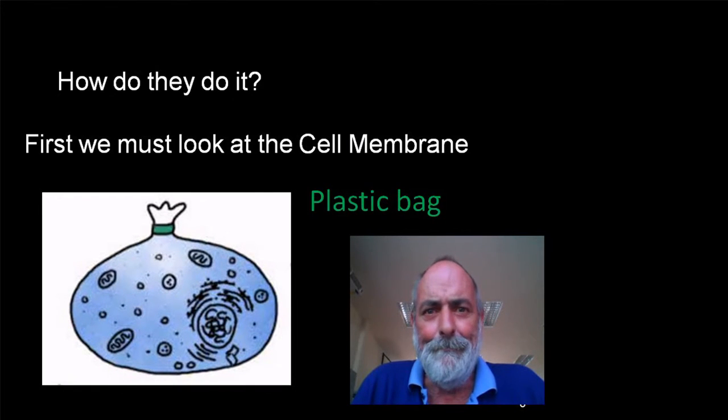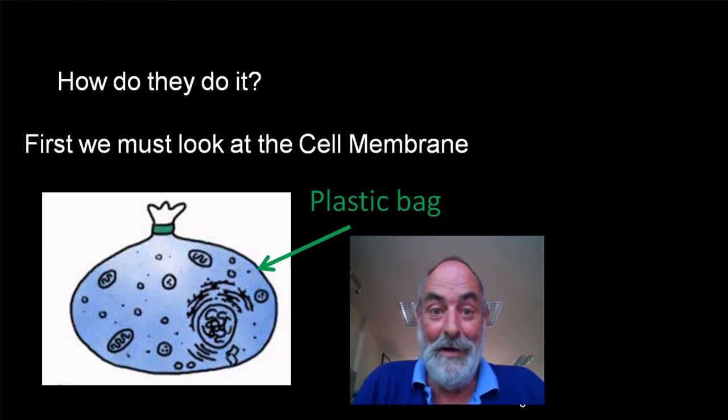But there's a problem. A plastic bag cannot allow molecules to go in or out. It's not a living membrane. It's a plastic membrane. So let's look at the real membrane in more detail.